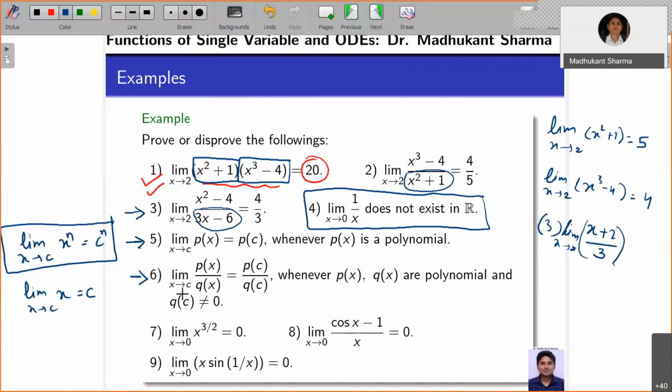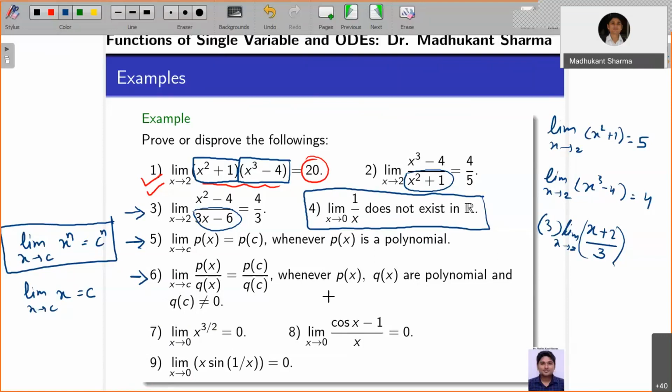You just have to verify whether the limit value of x tending to c is a zero of the denominator or not. That is the importance here, not any other point. That is the idea.